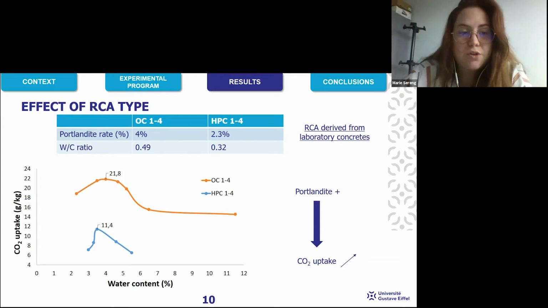On the graph, we can observe that OC 1/4 millimeter has the higher CO2 uptake, 22 grams per kilogram, with respect to HPC 1/4 with a CO2 uptake of 11 grams per kilogram. So when we have a higher Portlandite rate, the CO2 uptake increases.